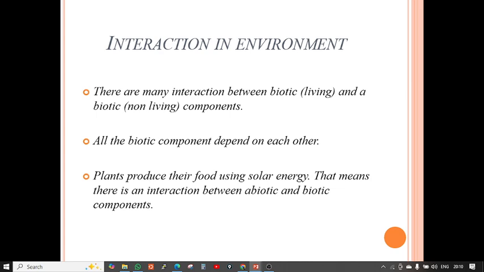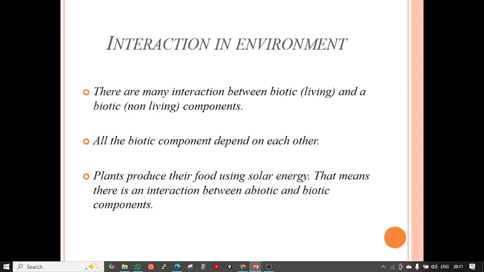So what brings about the interactions in the environment? There are two things in the environment, called biotic and abiotic. Biotics are the living parts and abiotics are the non-living components. The biotic components depend on the abiotic components. Plants produce their food using solar energy, which means there is an interaction between biotic and abiotic, because without solar energy, without water, without oxygen, plants cannot produce food.